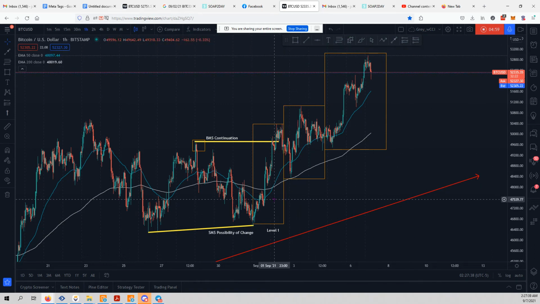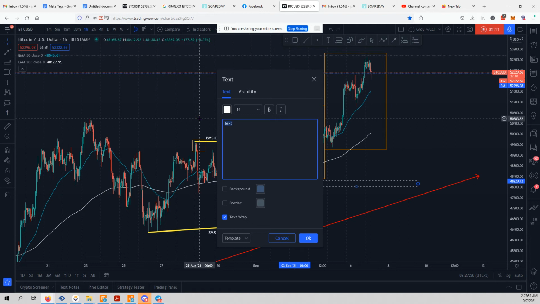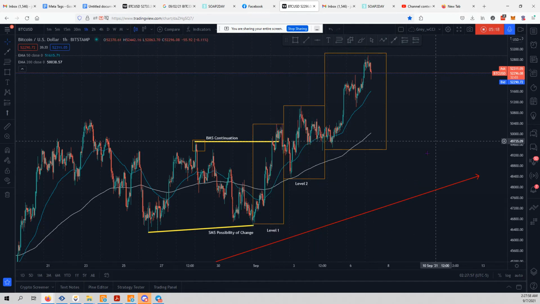And then as the crossover has been completed, the widening of the mouth is now a level 2. And of course, the widest part of the mouth, the mouth of the exponential moving average, when it widens the most, is a level 3.